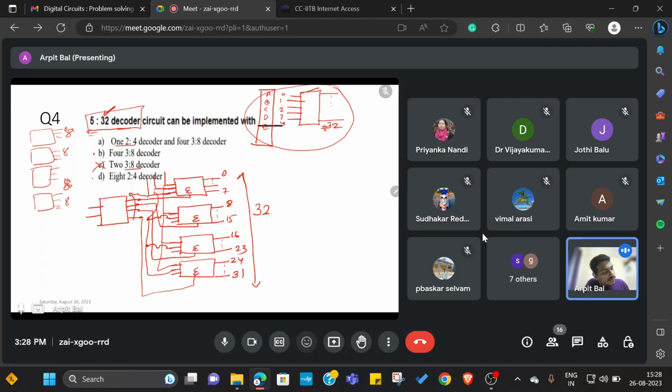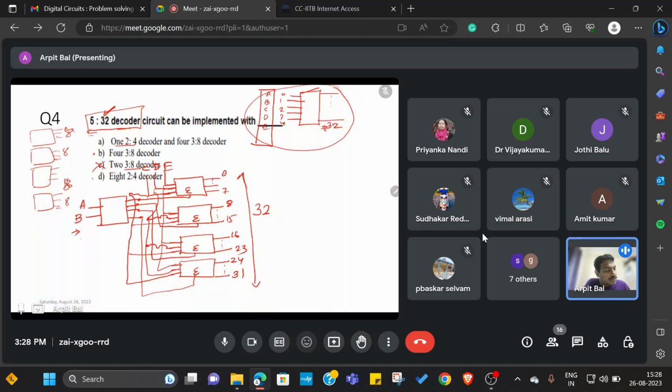Similarly we can do it for this block as well. I can name it A, B, and this is C, D, E. Let me explain this a bit more elaborately.